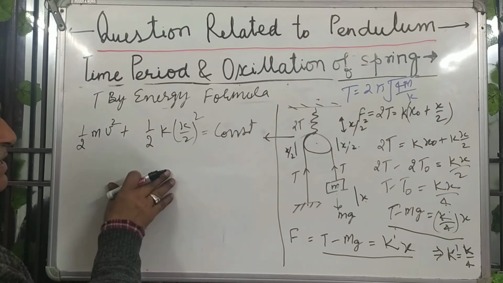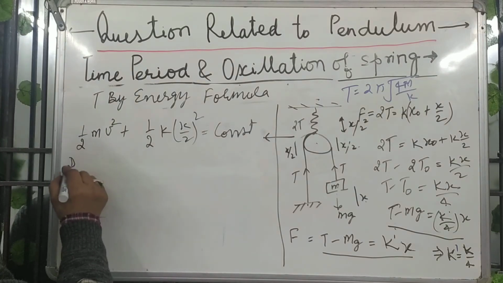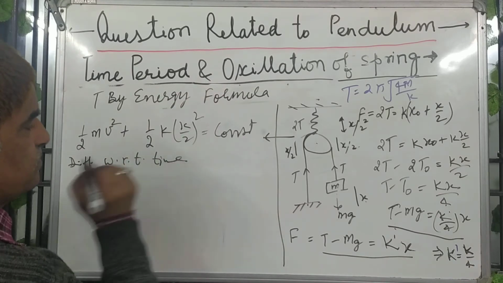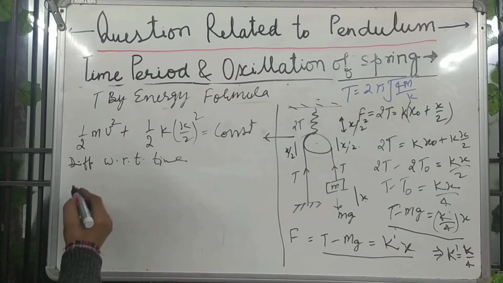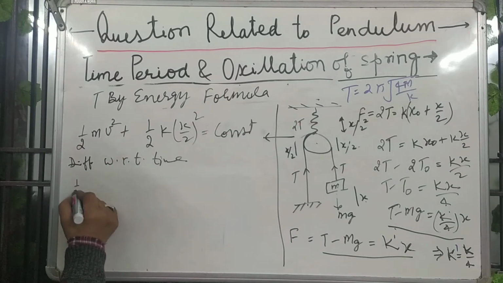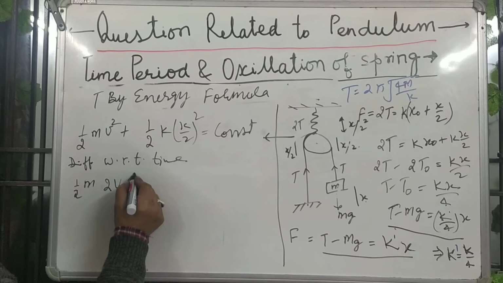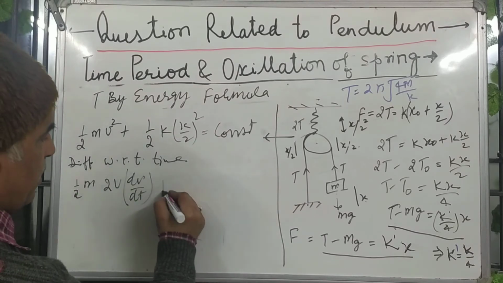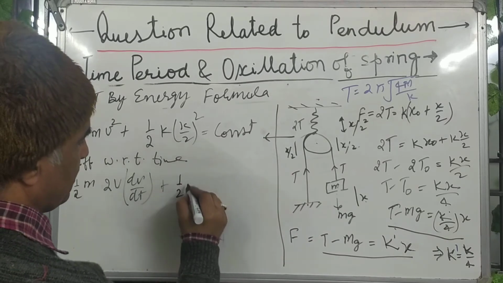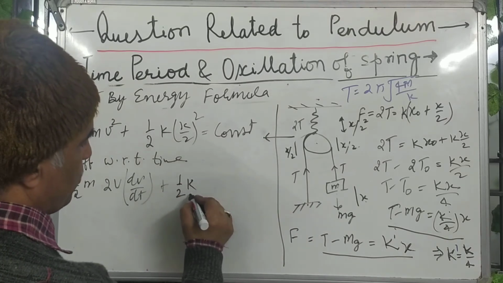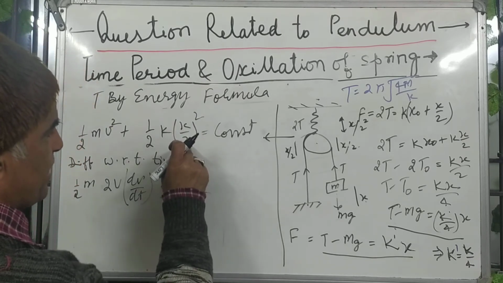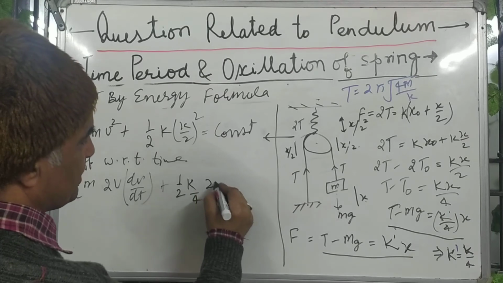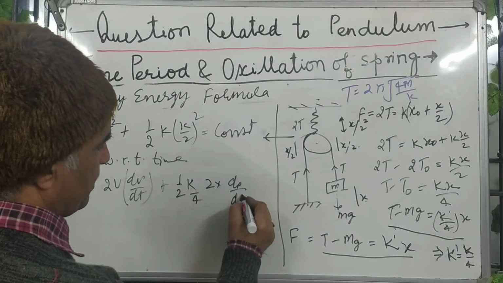Now I will differentiate it with respect to time t. In this operation, this is half m 2v dv by dt, where dv by dt is acceleration, plus half k by 2 into x square by 4, that is k by 4, and 2x dx by dt.